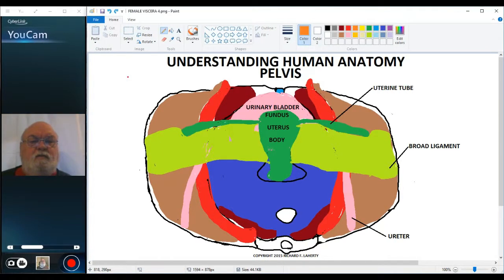So let me draw the ovary on this side and then the other side.